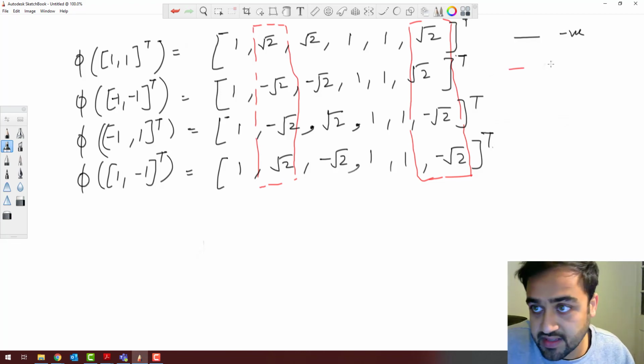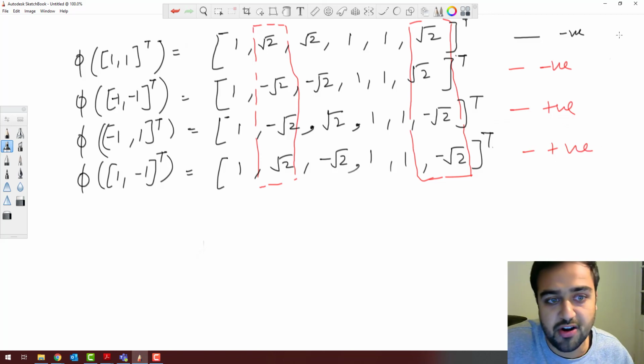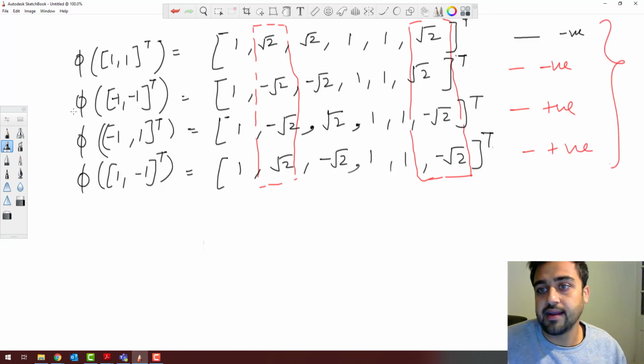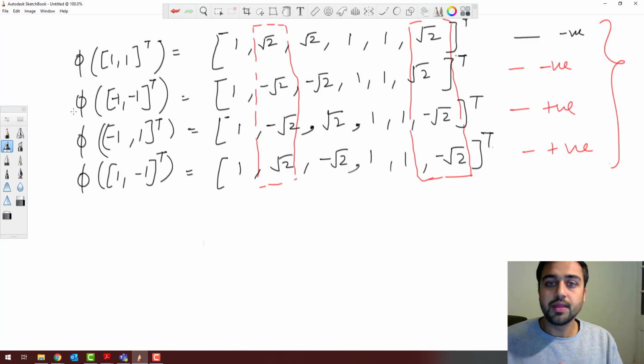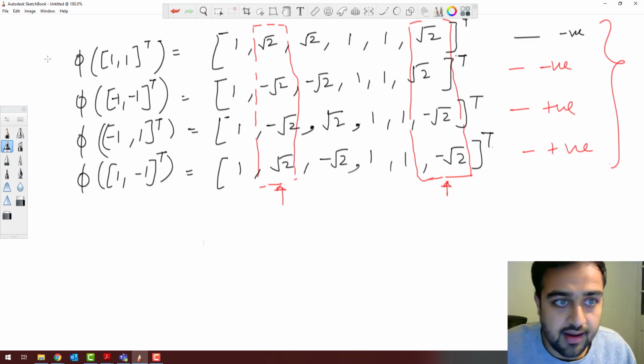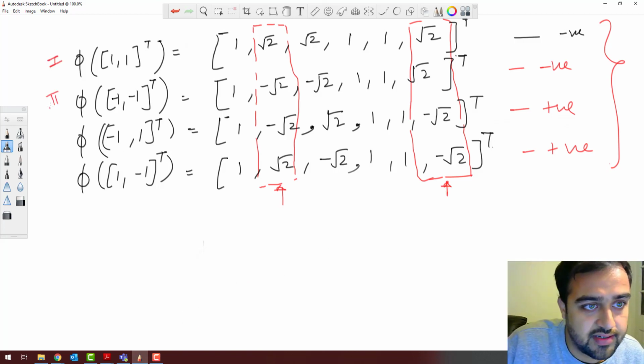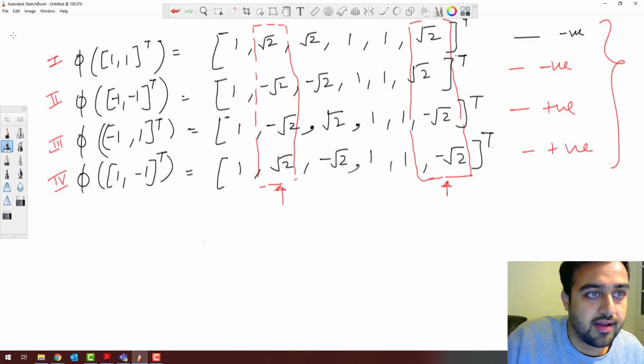So if you take these 2 features, this was negative, this was negative, this was for positive class, this was for positive class, right? And it was non-linearly separable initially. Now, if we just concentrate on these 2 points and try and draw them, this is the first, second, third and fourth point.